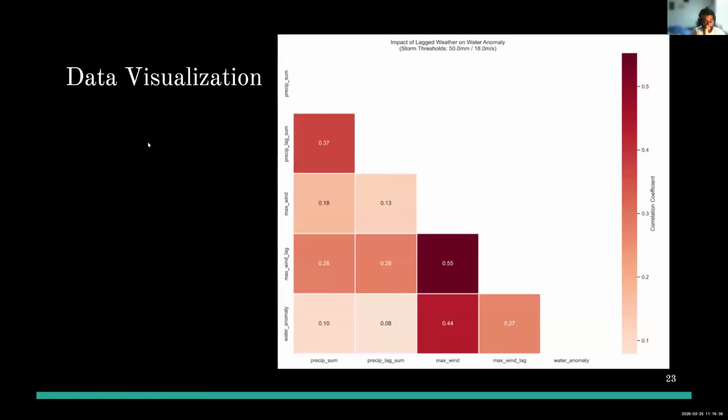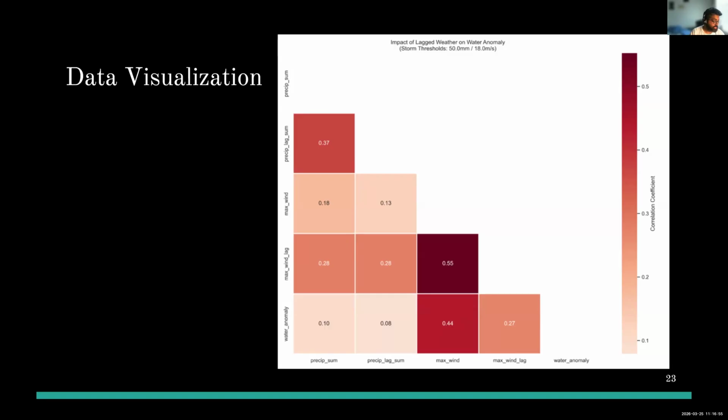And this is another heat map that I had created to figure out how these flooding events occur. How much do each of the data points interact with each other?